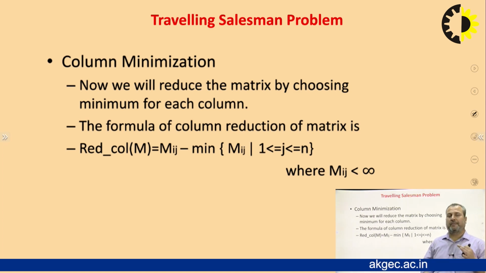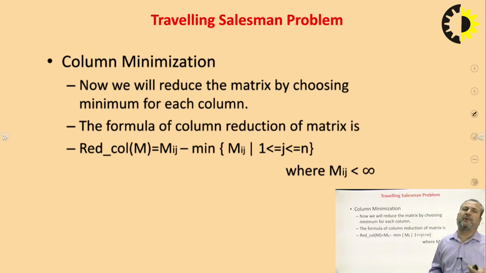Means in the row and column, if all the entries are infinite or there is a zero, then we do not need to reduce. We will see the example. Column minimization is just similar to row minimization. In that we find the minimum element, and subtract it from all the column elements to get the reduced matrix.